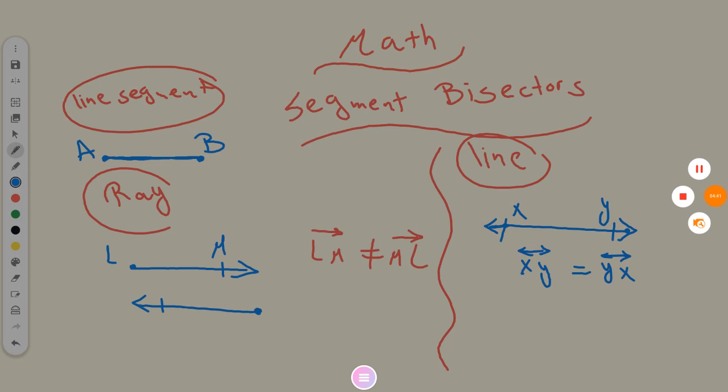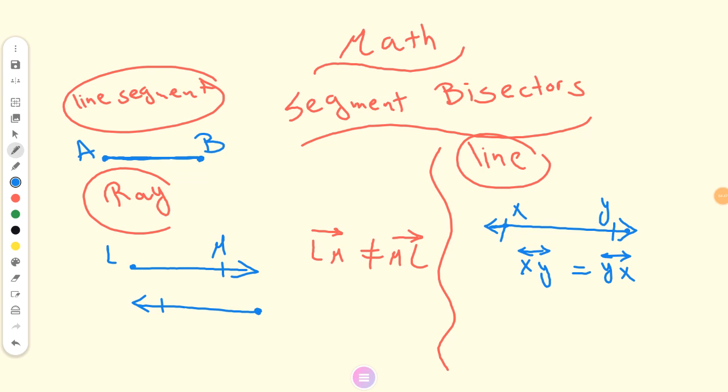Our lesson is about segment bisectors. What's the meaning of bisector? The bisector is a line that divides a geometric shape into two congruent parts. Again, the bisector is a line that divides the geometric shape into two congruent parts.